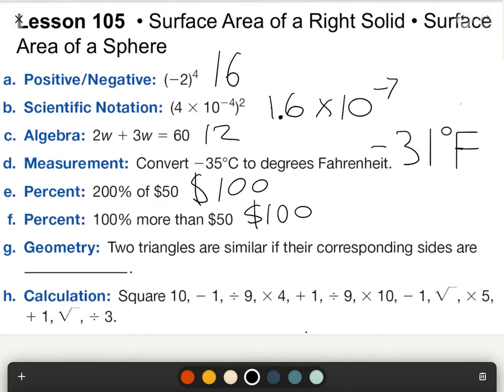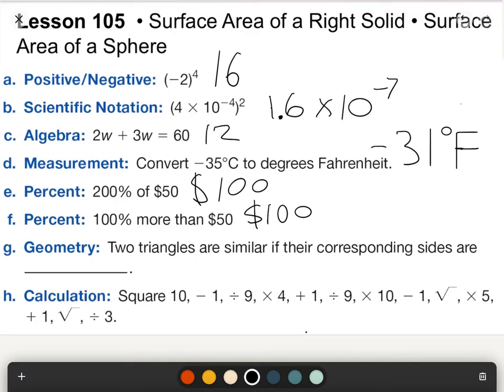Okay, and then two triangles are similar if their corresponding sides are... Oh, yeah. What's the word we're looking for? Are the same. Oh, one word. One word. Oh, yes. I'll do a pom pom if you can find it.